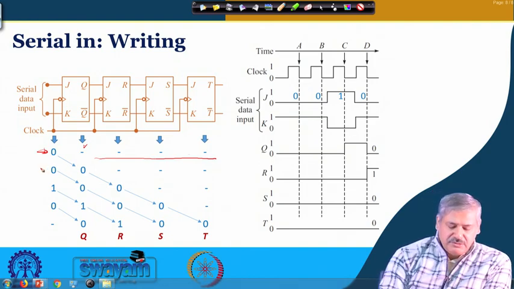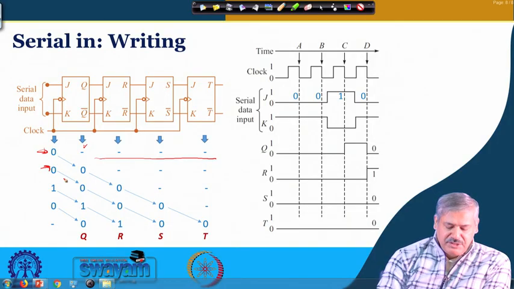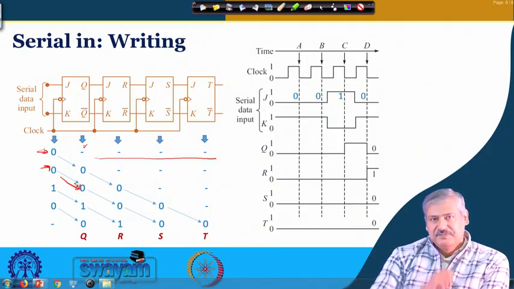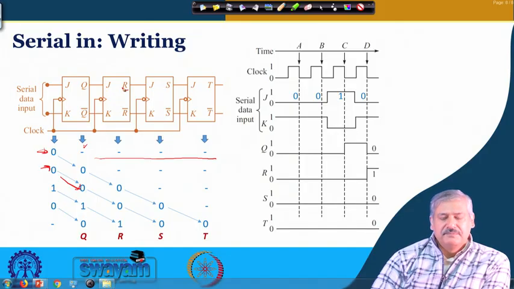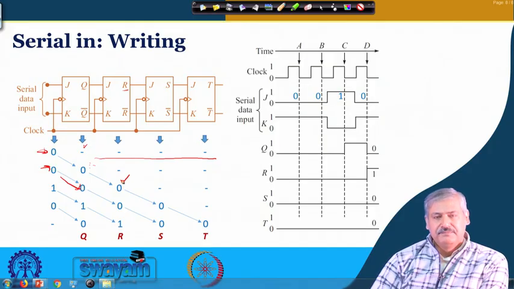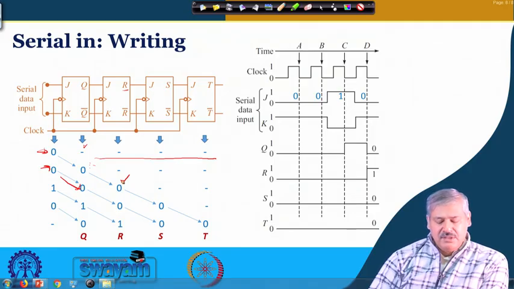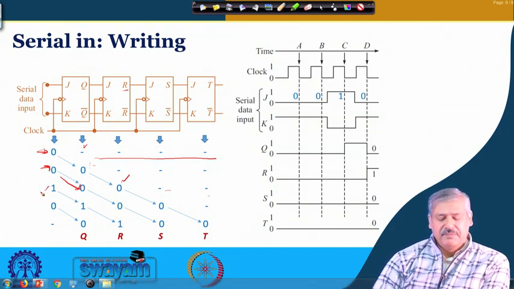So, the next value that we put is 0 at the input. Okay. Clock trigger comes, what will happen? This 0 will come to Q, and this Q output is connected to the input of R. So, this 0 now comes to R, that was there over here. In the next time point, it comes over here. Is it okay? Right. The other two we are not bothered. Now, you present 1 at that time. Okay.